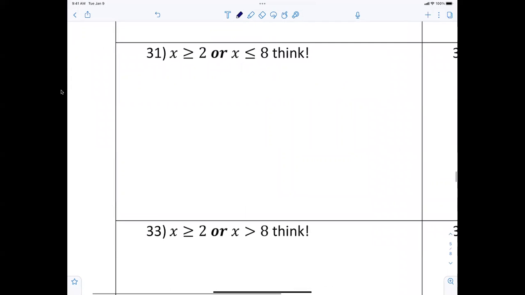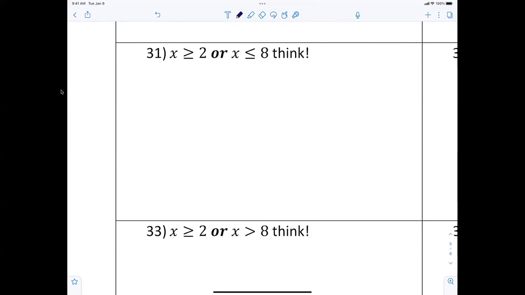They have a think there for a reason. I want you to think in your head about all the numbers that are greater than 2 or less than 8.